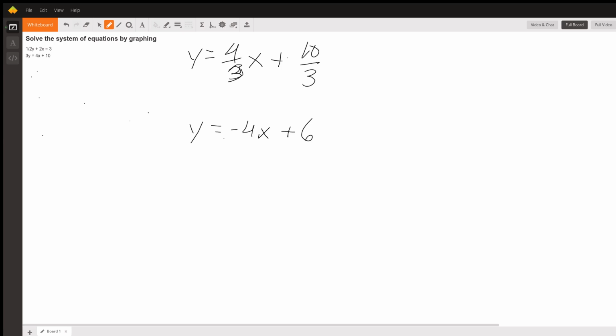Okay. So now these are our lines where we have our negative 4x plus 6 and our 4/3 x plus 10/3. And as you can see, they intersect right about here. So our solution for this problem is going to be 1/2, 4.